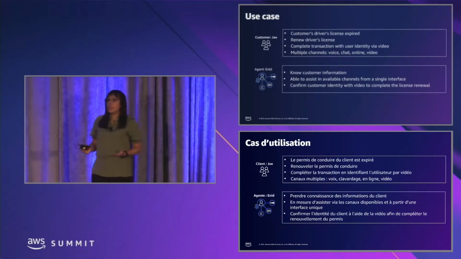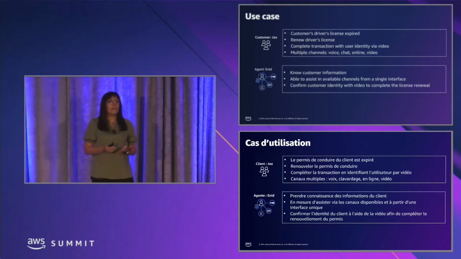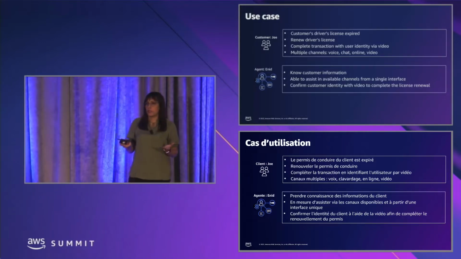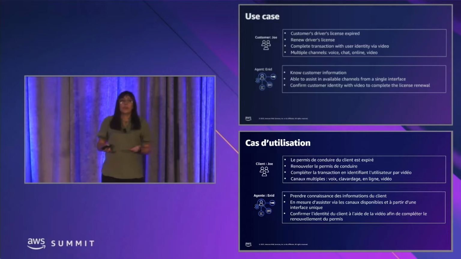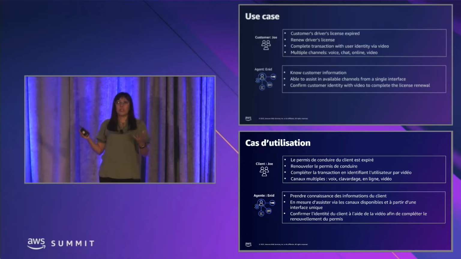Before going to the demo, I would like to explain the use case we will be presenting today. We have divided the demo into two personas. The first persona is the customer, who will be Joe, and he would like to renew his license, but he doesn't really want to go to the office to do it. So he goes online, does the renewal of the license, and the last step is to verify that Joe is really Joe, who is looking to renew that license.